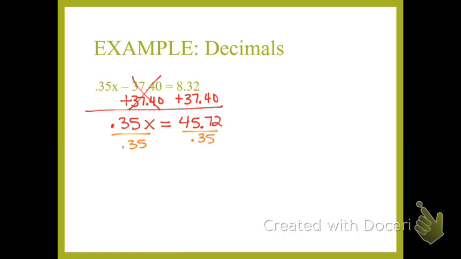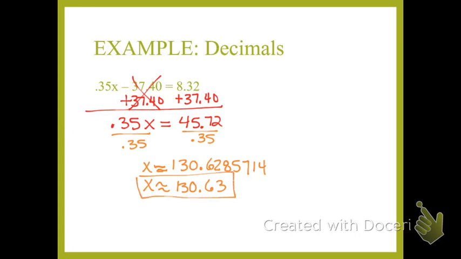And we would end up with approximately, when you put this into your calculator, you're going to get a long decimal, but about 130.6285714. Now, when you write this out, usually going to about 2 decimal points is sufficient, and then just change the equal sign to an approximate sign, which is that kind of little squiggle there.